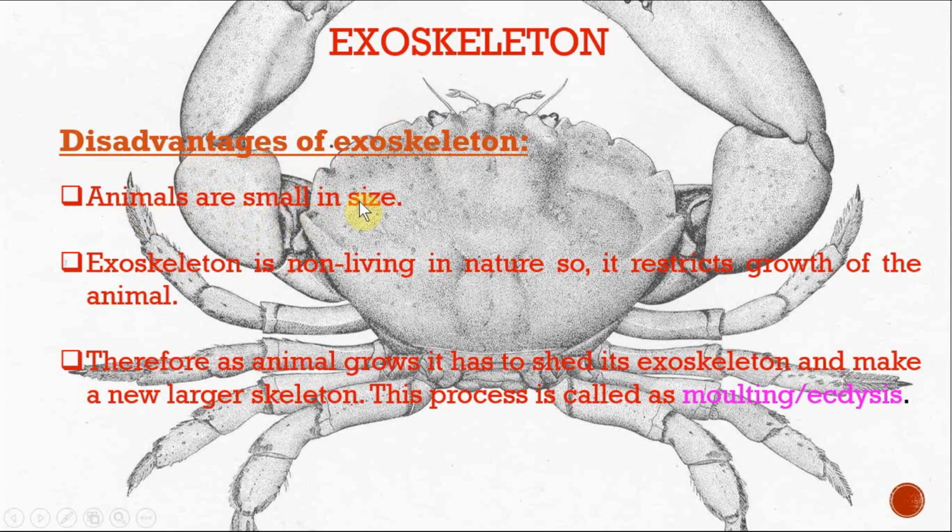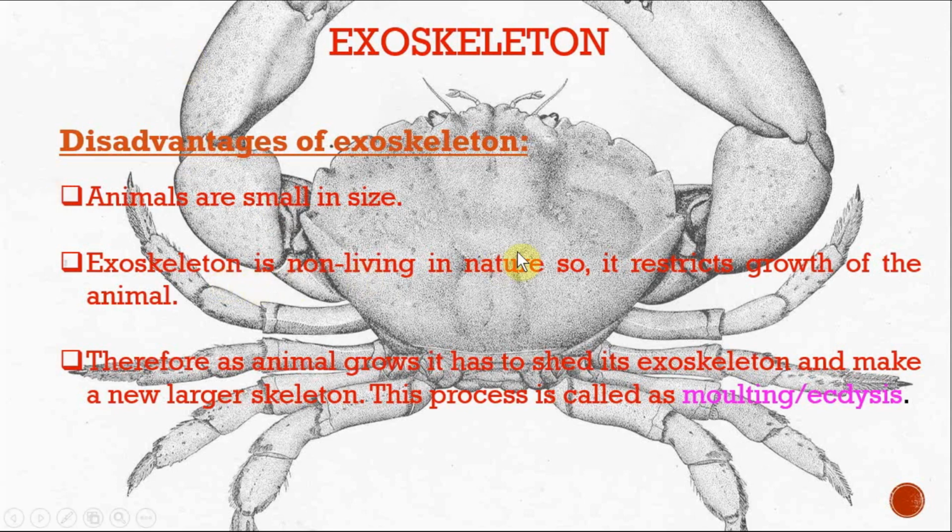You have noticed that the insects around you, which come under the arthropods, are very small in size just because of the exoskeleton. If their skeleton could grow with their body, you can imagine how big insects could be, right?